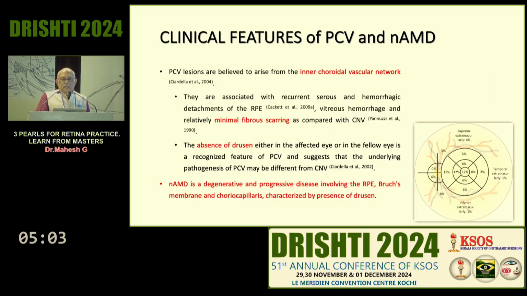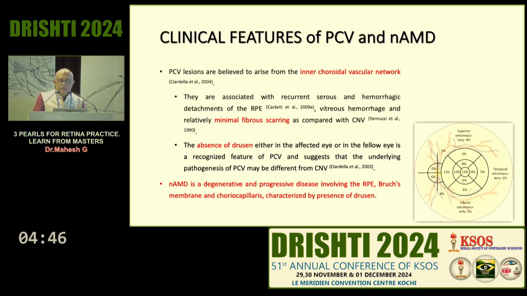Then the anatomy is also a little different. In PCV, usually you get a thick choroid, or pachychoroid, with large Haller vessels, and there is no drusen. Usually the scarring is minimal in PCV unless there is a hemorrhagic complication.